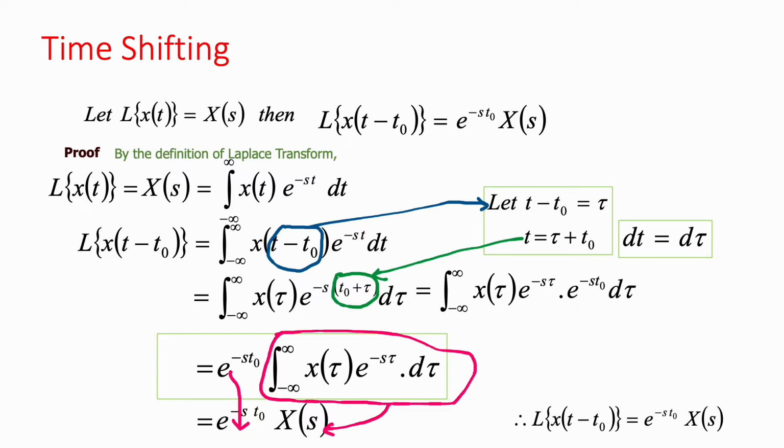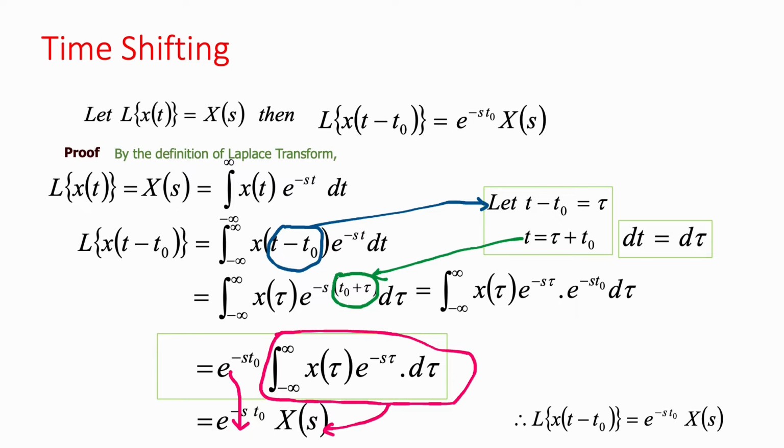Now let this t minus t naught be taken as another variable, tau. Now t is equal to tau plus t naught. Now you differentiate with respect to t. So dt is equal to d tau, since t naught is a constant, it becomes 0 while doing the differentiation.